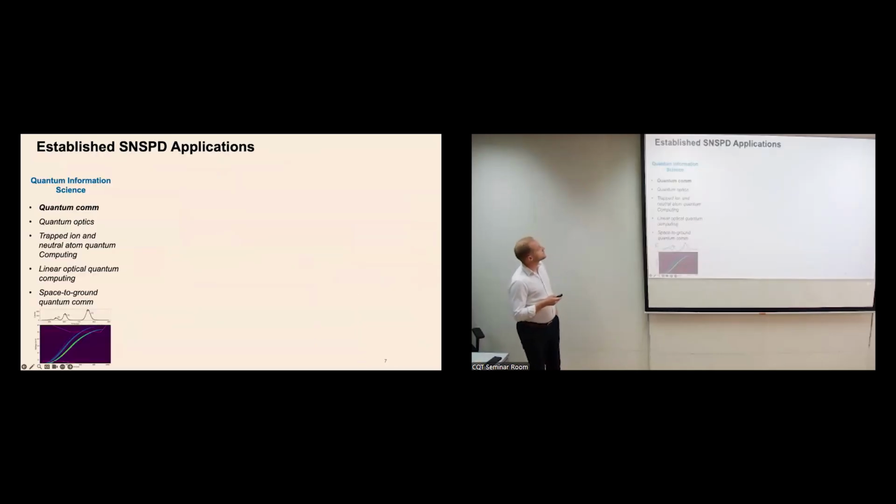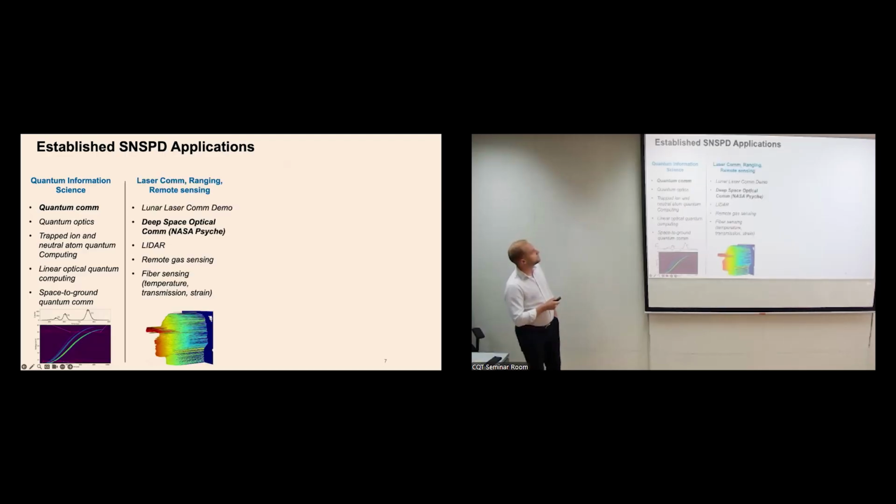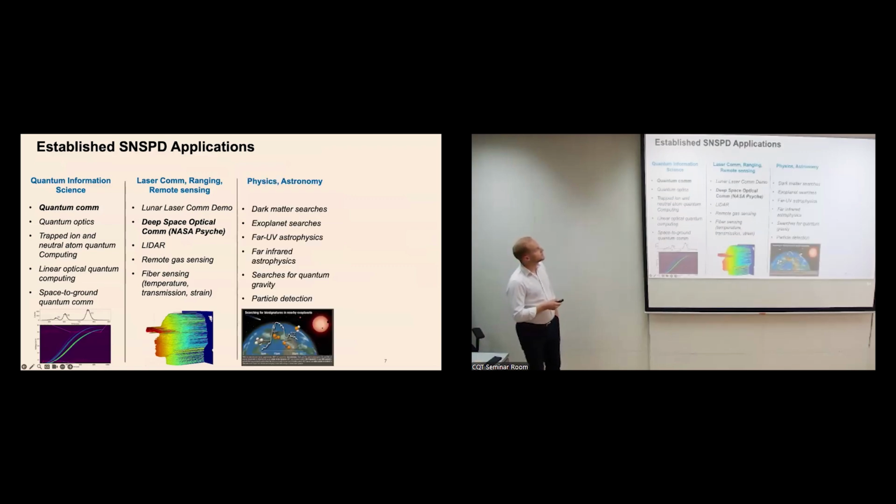In terms of the established applications, we have quantum information science, which is really where this got pushed to the beginning, with deep space optical communication. This is something I'll talk about in a bit. This has really enabled a lot of breakthroughs for SNSPDs, pushed by NASA for the last 20 years. The things that are emerging now are astronomy and physics applications.